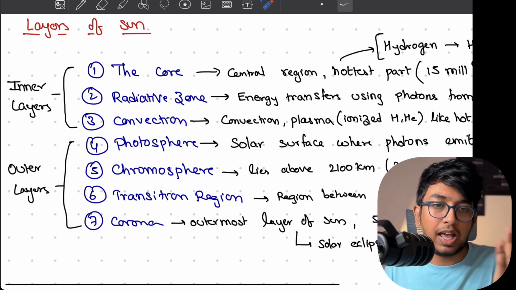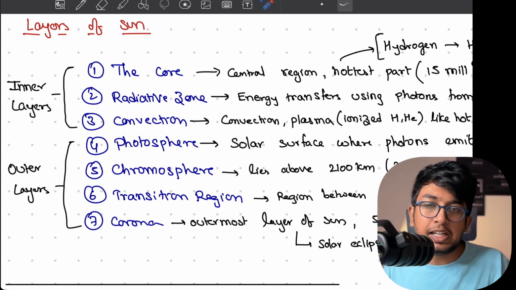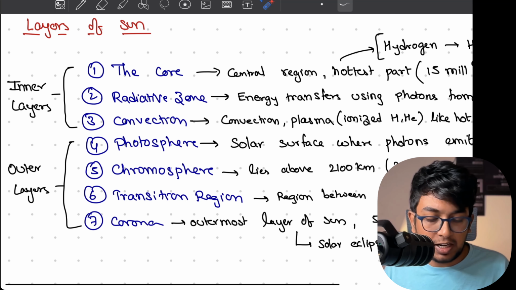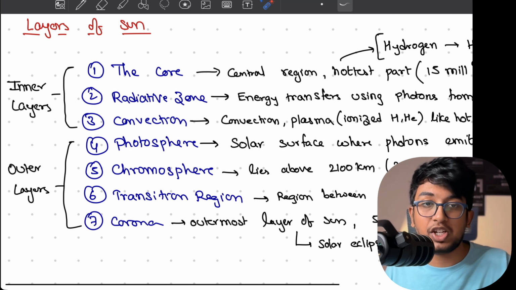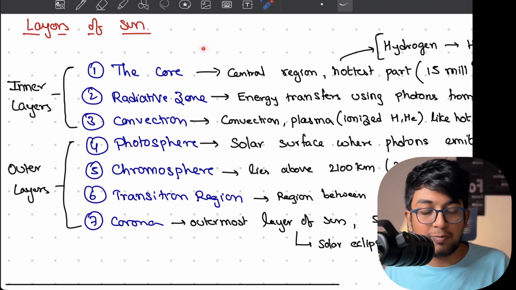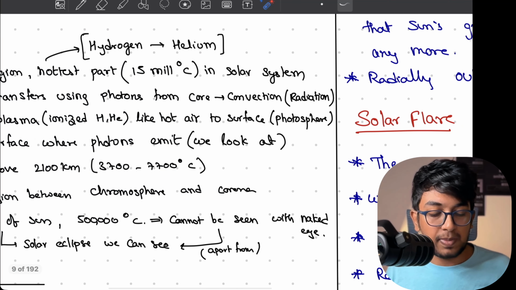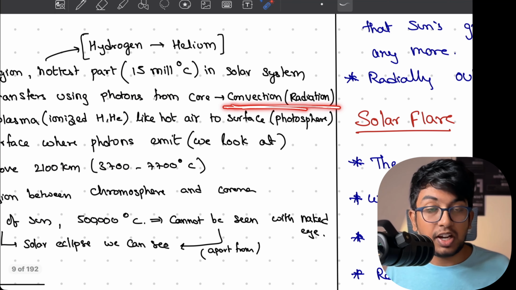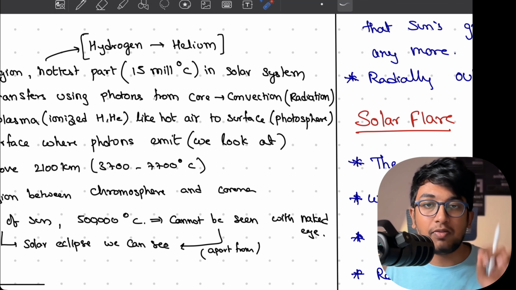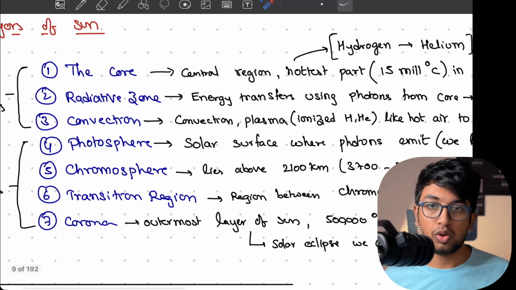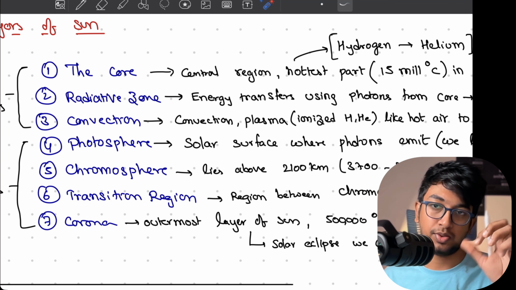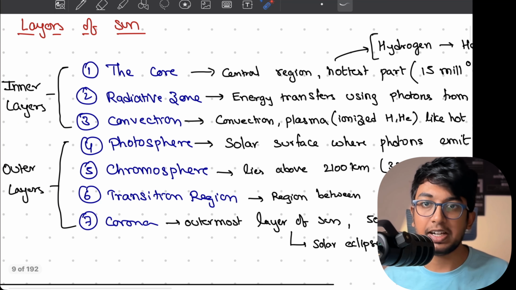You will get more clarity. So this radiative zone, basically radiative means it is radiating through convection. What is convection? Movement of particles. Here see, convection, which is radiation. So this convection will move the photons from the core to the next level. That is the transition zone I was talking about, that is the radiative zone.